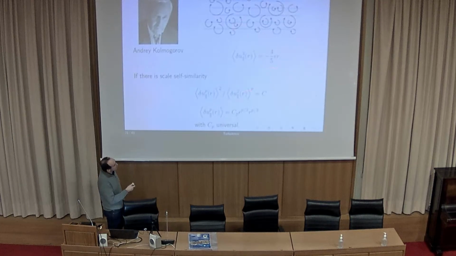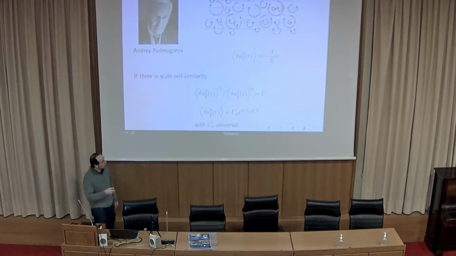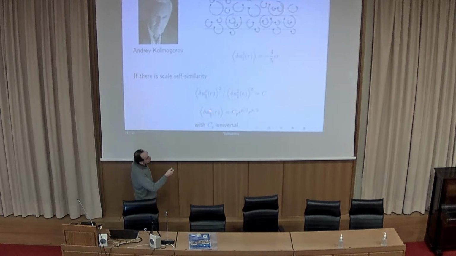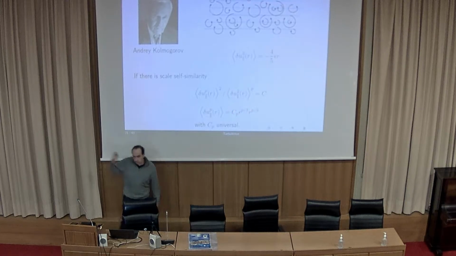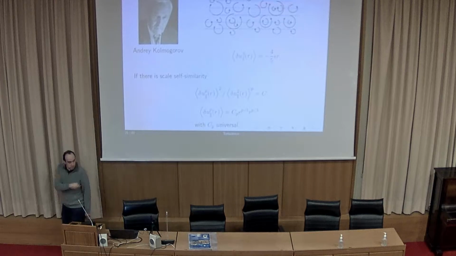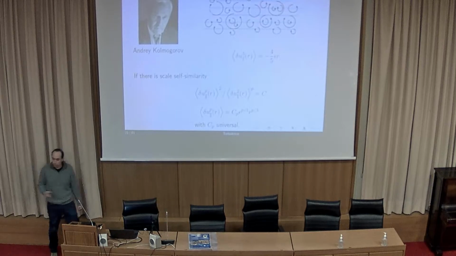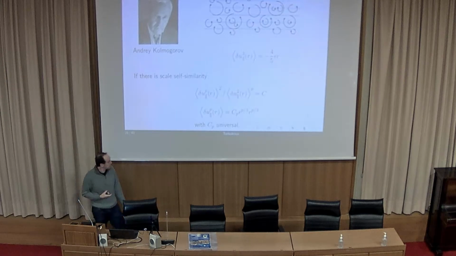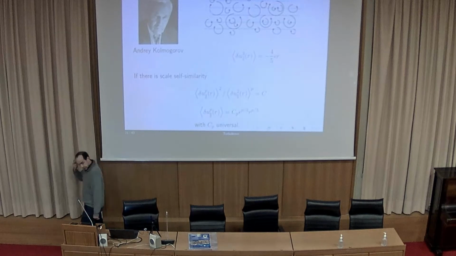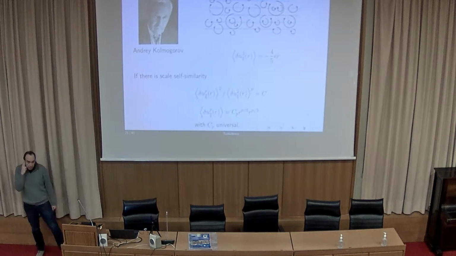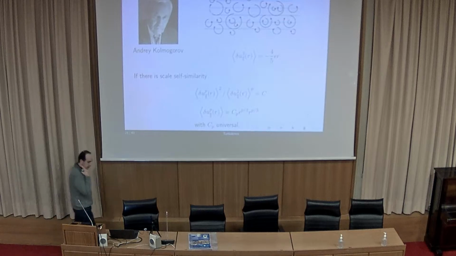So the moment should scale like that. He could prove the case p equal 3, and the case p equal 2 should be r to the 2/3. If you translate it to a spectrum, because the second moment is related to the spectrum, that leads to k to the minus 5/3 with this C_K being universal. Okay, that was the original theory of Kolmogorov in 1941.